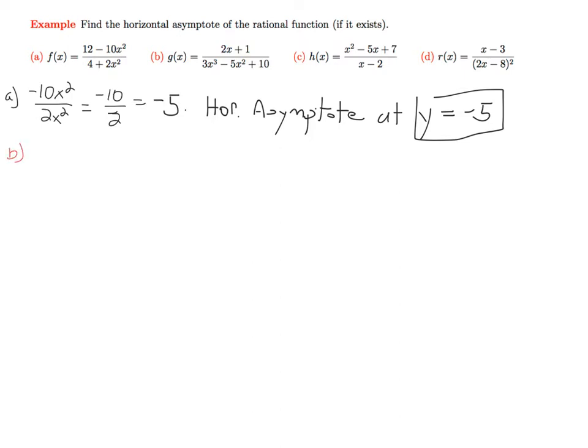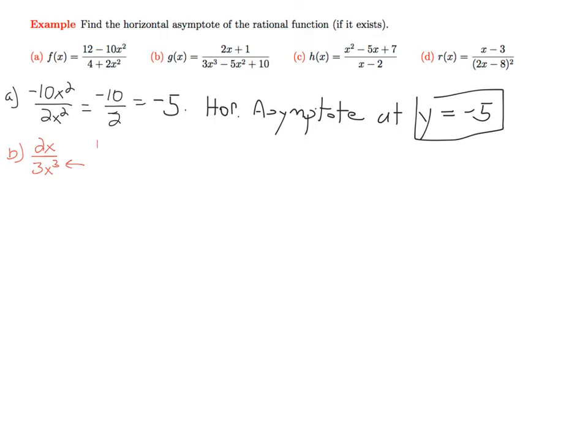In part B, the leading term of the numerator is 2x, and the leading term of the denominator is 3x cubed. So this gives us a ratio of 2x over 3x cubed, and we see that the degree of the denominator is larger than the degree of the numerator.